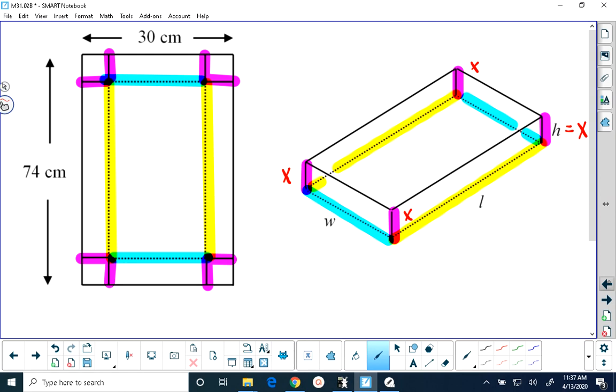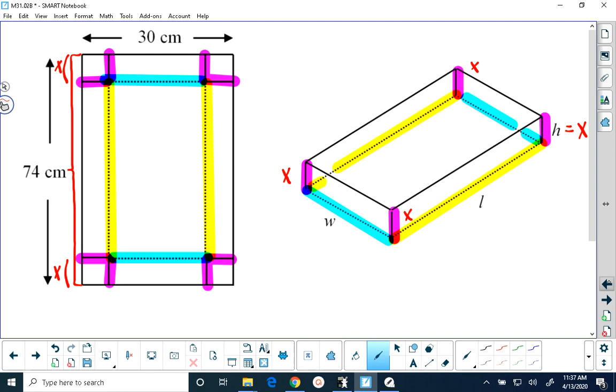That yellow line can be found by taking 74 centimeters and subtracting off the x above it and the x below it. That 74 is this entire distance, but this distance is x and this distance is x. So the yellow line would be 74 minus 2x.